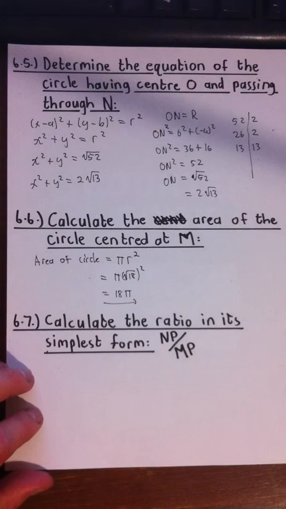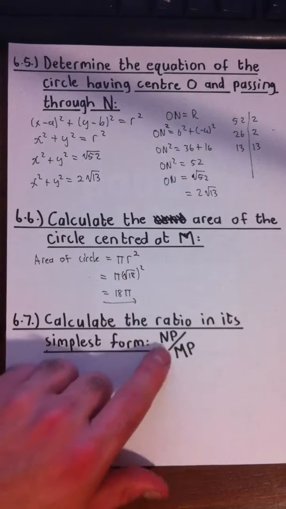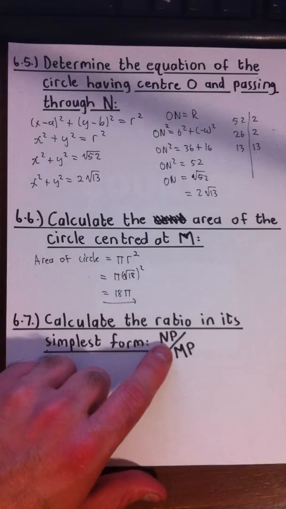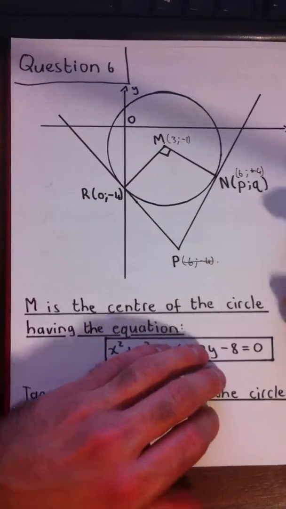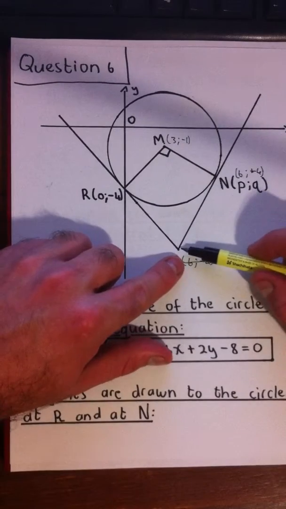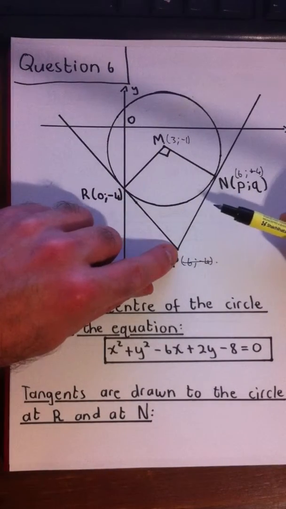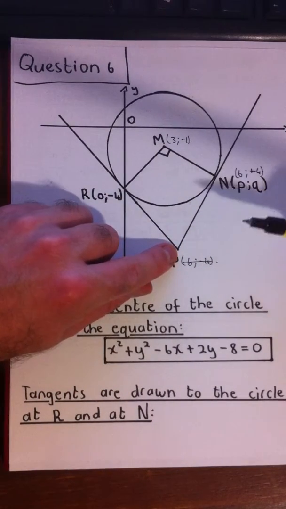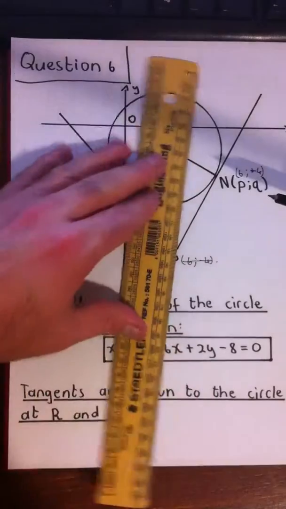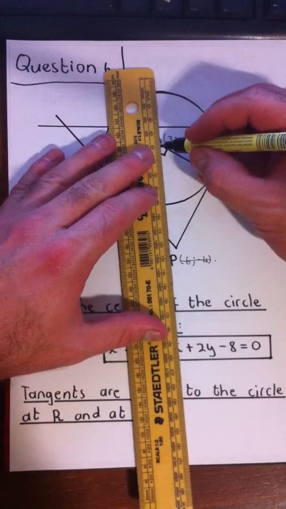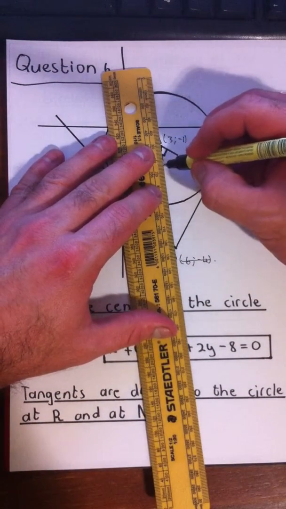6.7. Calculate the ratio in its simplest form, the ratio NP over MP. Okay, let's have a look at the picture again. So NP, this distance, divided by this distance. Well, what we can do is use the properties that we know of so far. Let me just draw in this straight line here quickly.